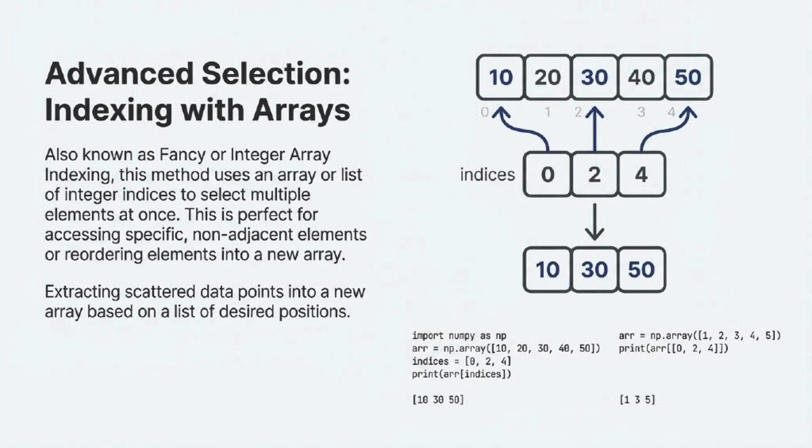A list called indices is defined as 0, 2 and 4, which represents the positions we want to select. When we write arr[indices], NumPy looks at those positions in the array. Index 0 gives 10, index 2 gives 30 and index 4 gives 50. The final output in a new array will be 10, 30, 50.